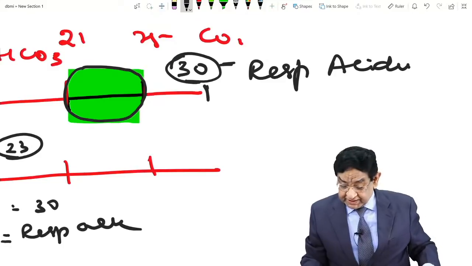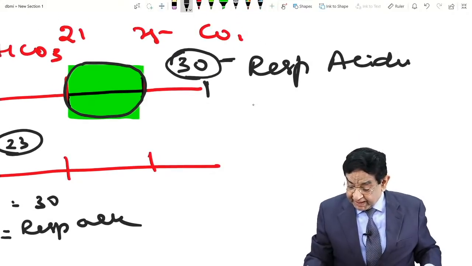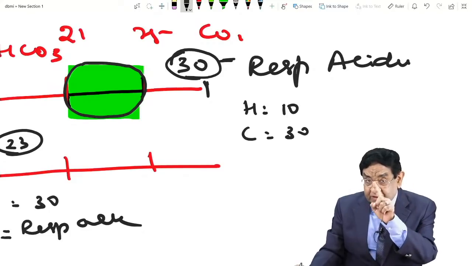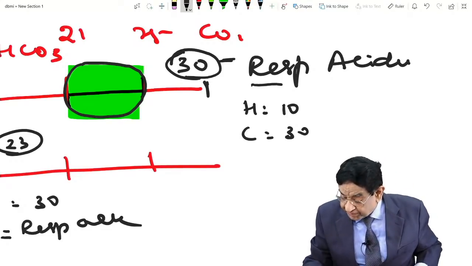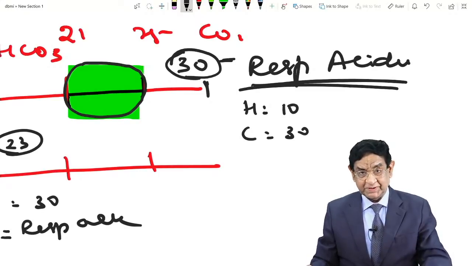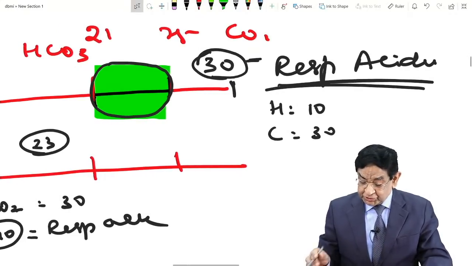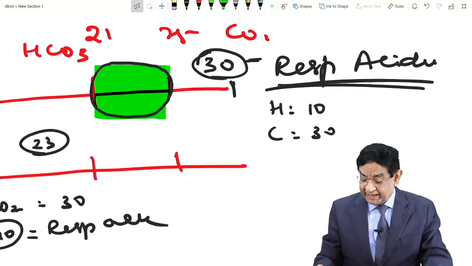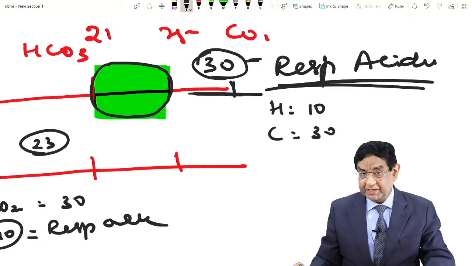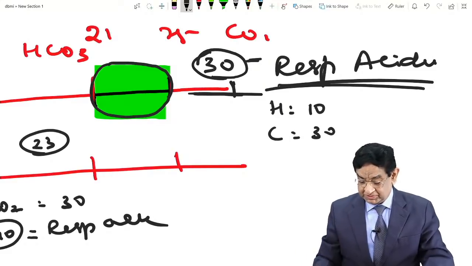You mean to say, sir, if the question gives bicarb 10, CO2 30, we will not call it respiratory alkalosis, we'll call it respiratory acidosis. Point to be noted: it should be in the normal range. So despite having low CO2, we still call it respiratory acidosis, not alkalosis.